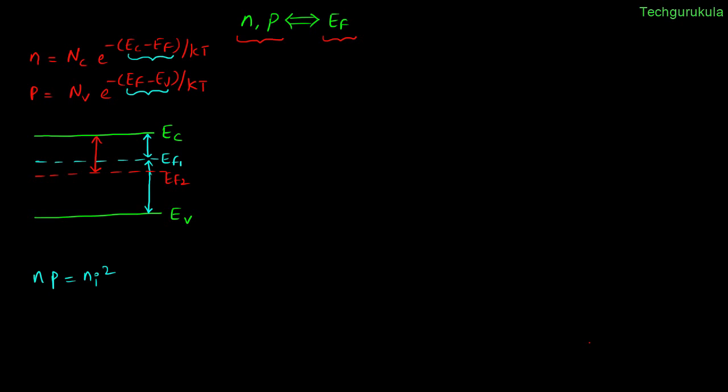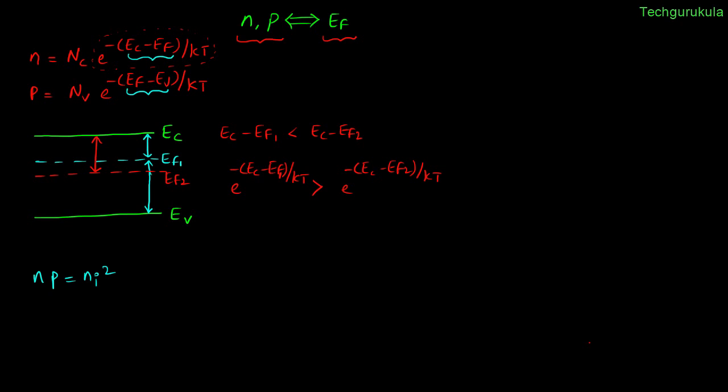So the exponential here would be smaller for the second case compared to the first case. Let me write it here: Ec minus EF1 would be smaller compared to Ec minus EF2. So we can say the exponential of minus (Ec minus EF1) over kT with respect to minus (Ec minus EF2) over kT, the relationship would be like this.